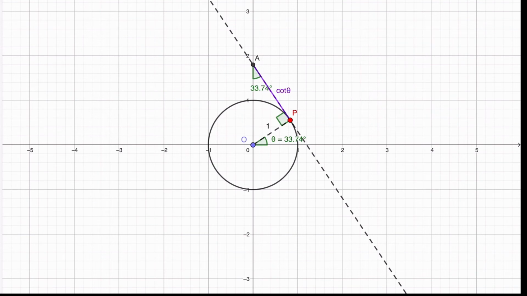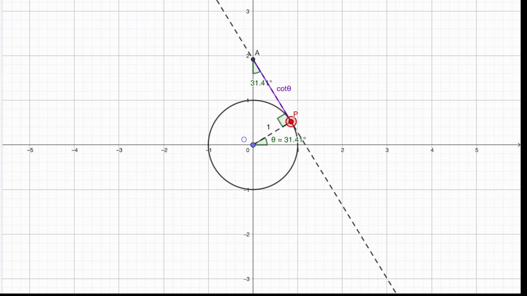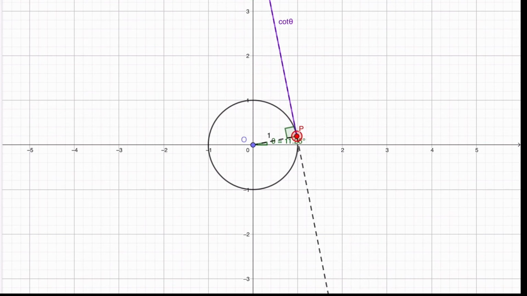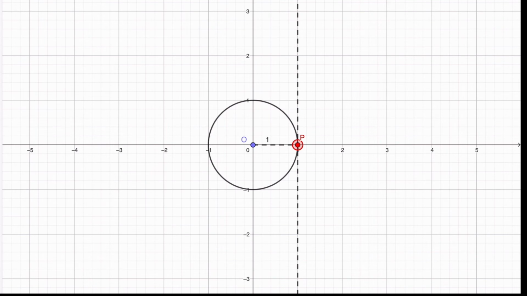In the first quadrant, all trigonometric ratios are positive, so cot theta is also positive. Now, the purple line AP gives cot theta value. As theta decreases in the first quadrant, cot theta increases and cot 0 is not defined.